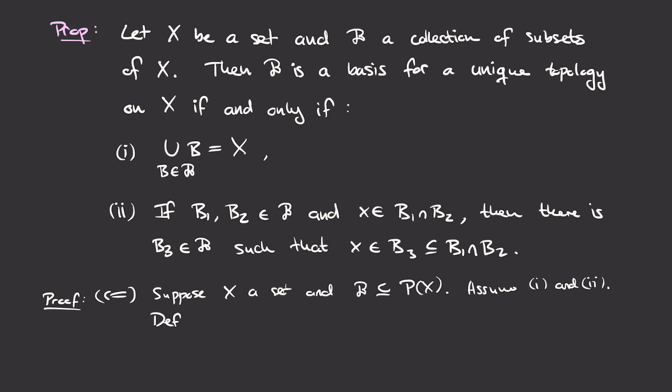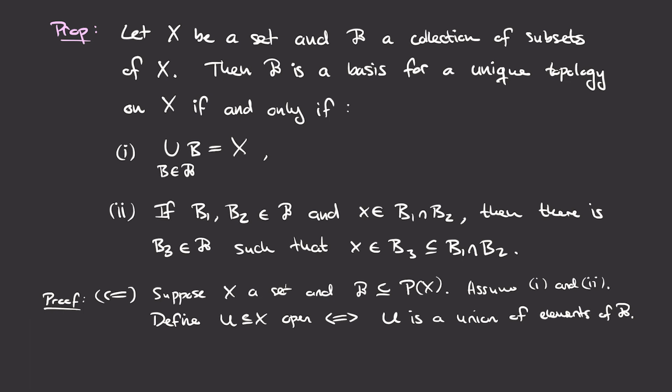We're going to define U ⊆ X open if and only if U is a union of elements in B. So this is how we're going to define this topology on X. We're going to say that a subset is open if and only if it's a union of elements of B. And well, this is basically just what it means to be a basis.